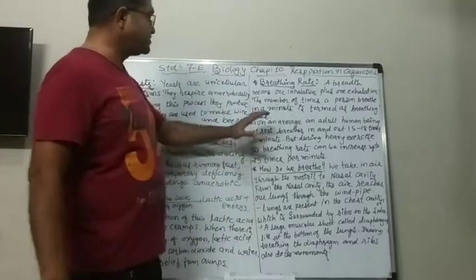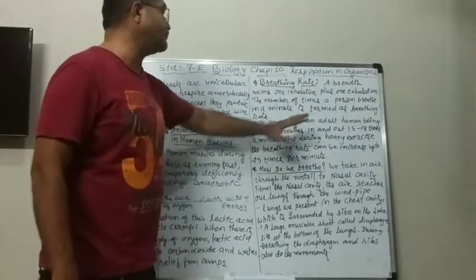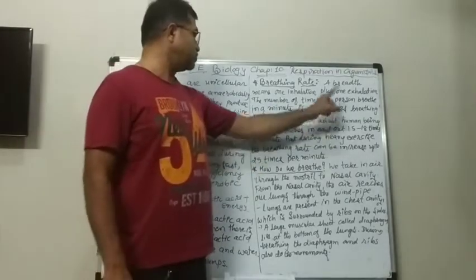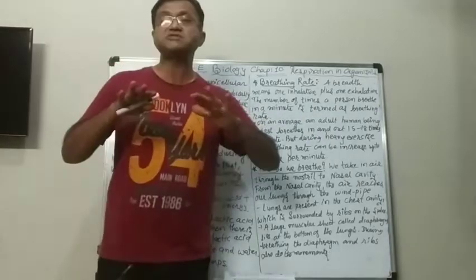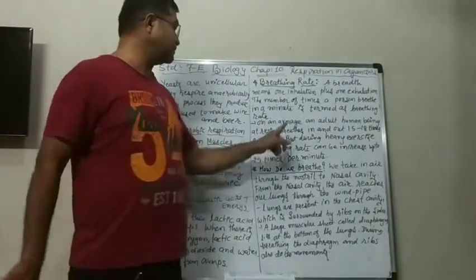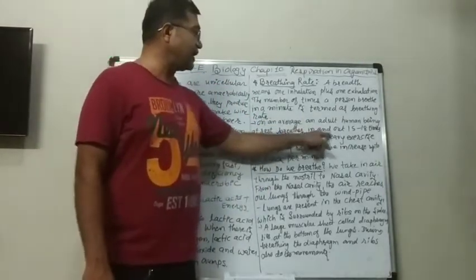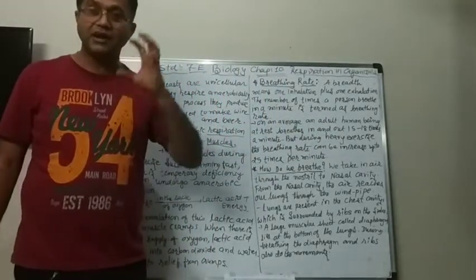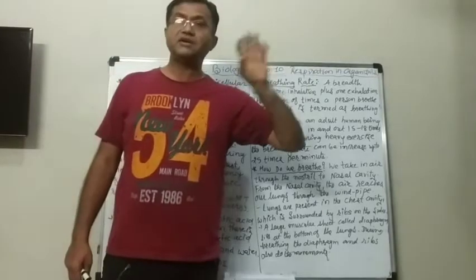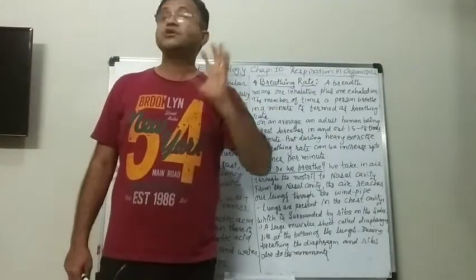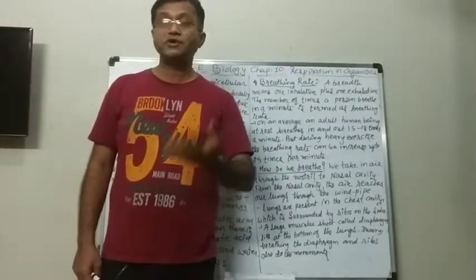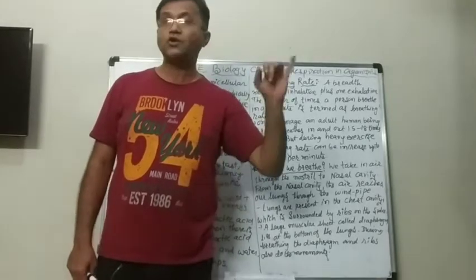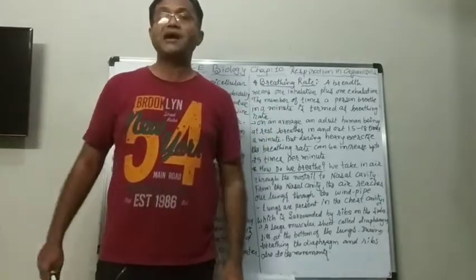So generally, on an average, an adult human being at rest, means in normal condition, breathes in and out 15 to 18 times. If you are free and have time, you can count like that. You breathe in and out, then count 1. Look at the time also.